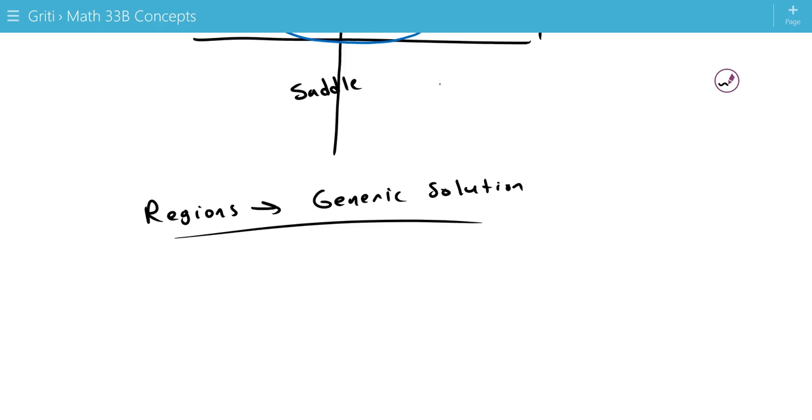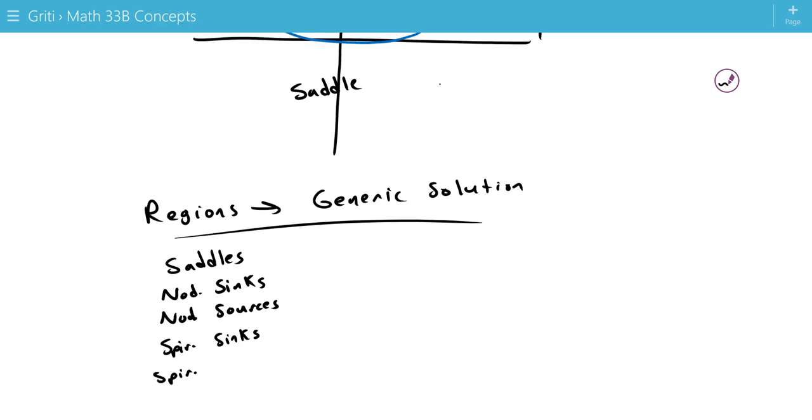And these generic solutions are saddles, nodal sinks, nodal sources, spiral sinks, and spiral sources.